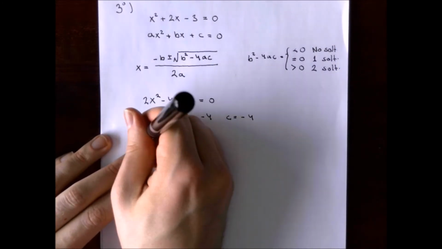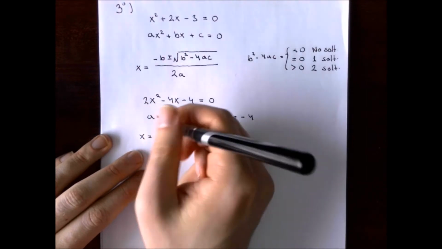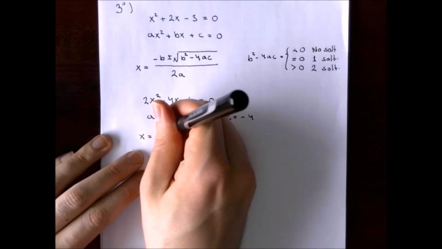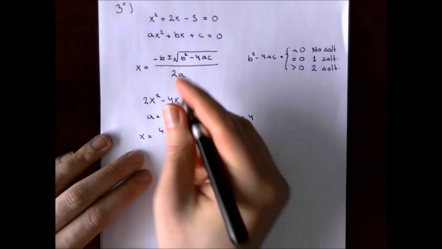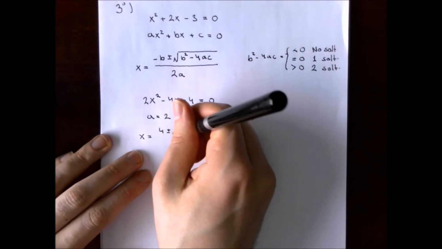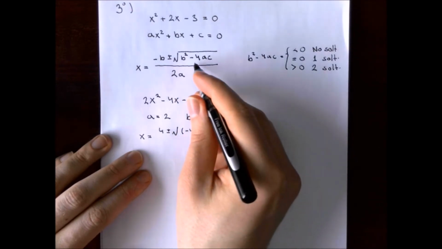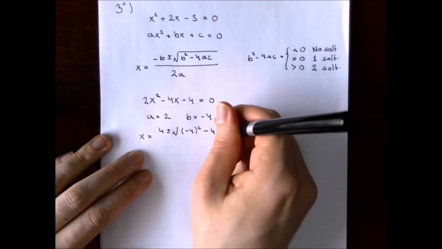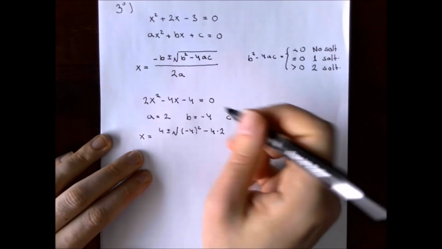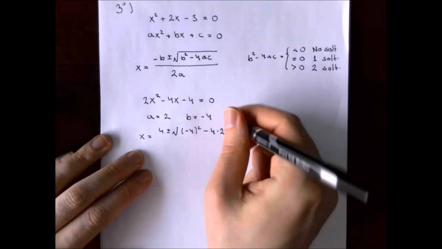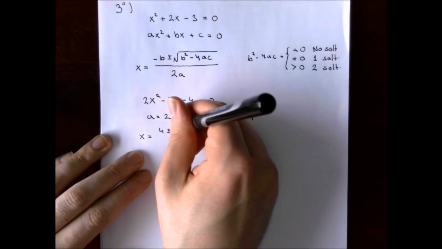So our solutions would be minus b, that is minus minus 4 or 4, plus minus the square root of minus 4 squared minus 4 times a, which is 2, times c, which is minus 4.